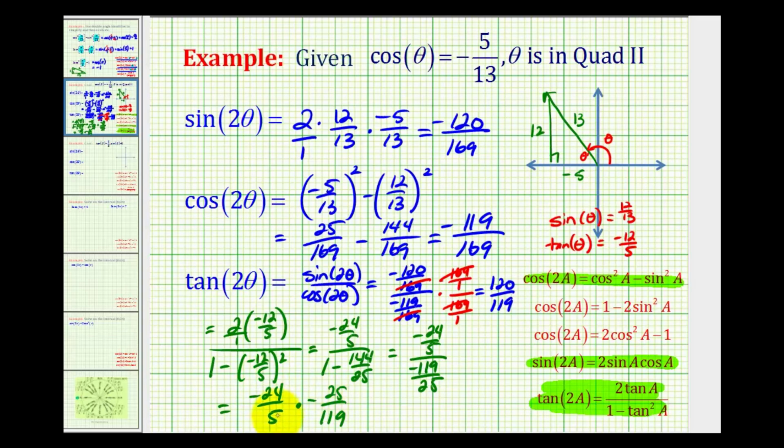Here we have a common factor of 5. And a negative times a negative is positive, so we'll have 24 times 5, that's 120. And our denominator is 119. So you can see why I chose to take the shortcut, but obviously the result is the same for tangent 2 theta. I hope you found these examples helpful.